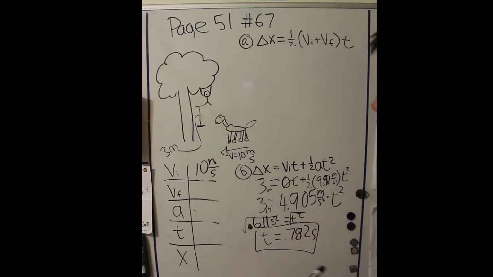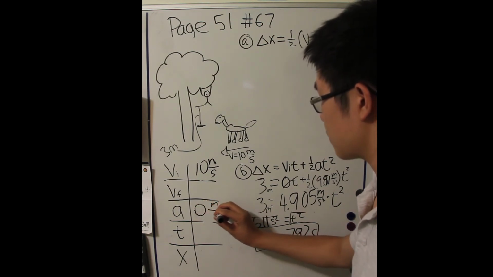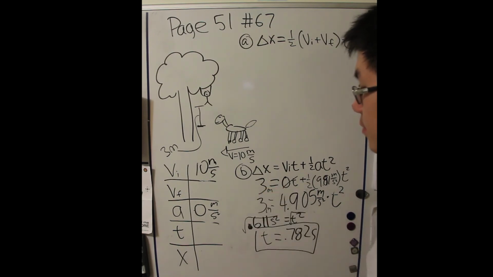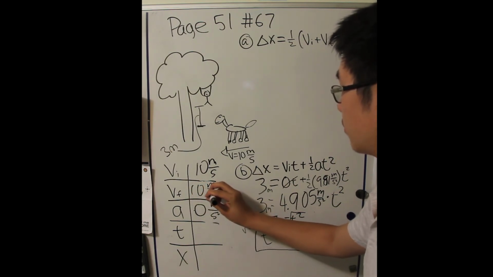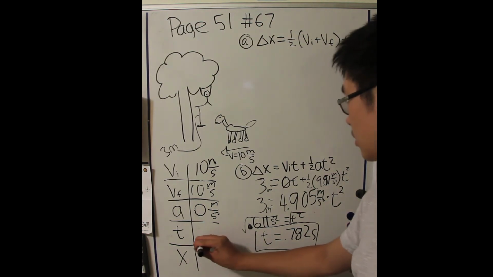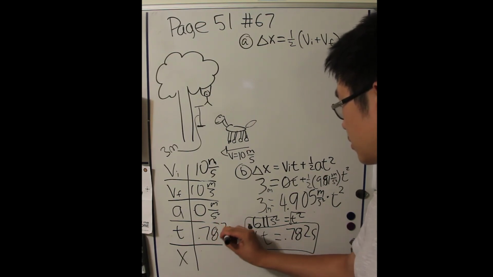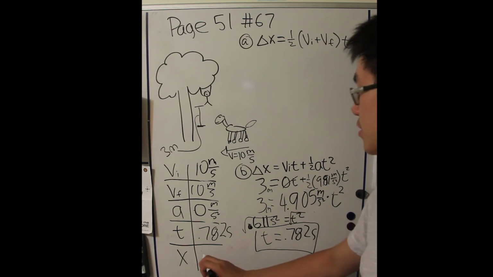This horse is going at a constant speed, so acceleration is 0 meters per second squared. And final velocity, because acceleration is 0 meters per second squared, is also 10 meters per second. We have a time we solved for earlier, 0.782 seconds. And we're solving for distance this time.